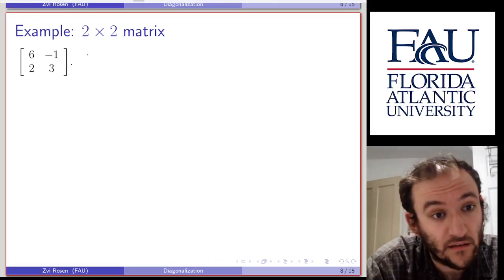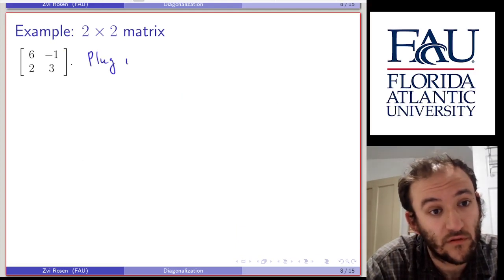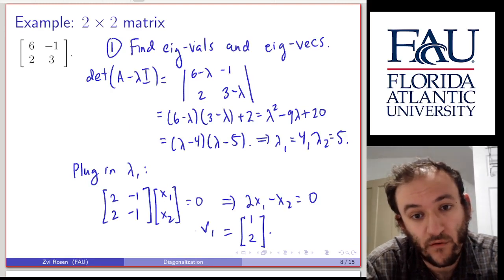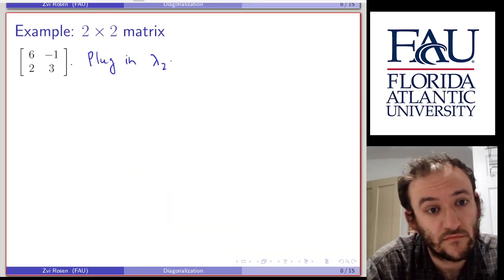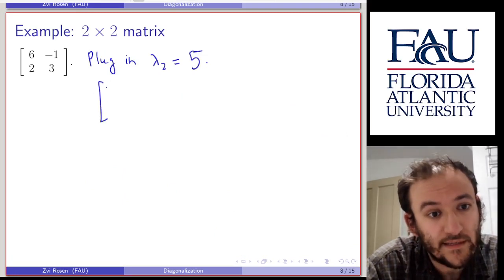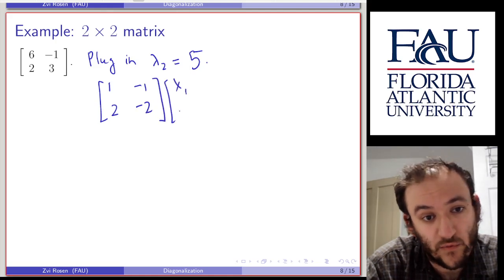If we plug in lambda 2, which was 5, then we get 6 minus 5 is 1, minus 1, and 2 and 3 minus 5 is minus 2, times x1, x2.